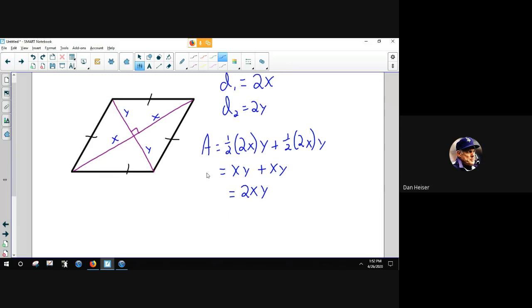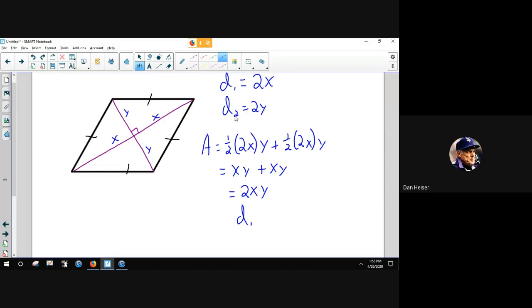And now I'm going to use these two definitions up here. 2x is just diagonal 1. Diagonal 1 is just 2x. So here we go. y is left over, but I don't want to use a y.